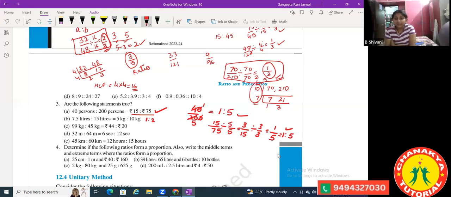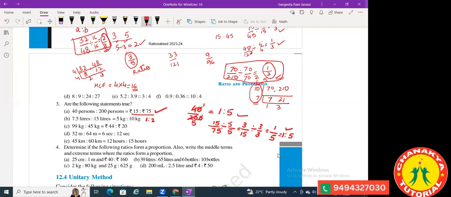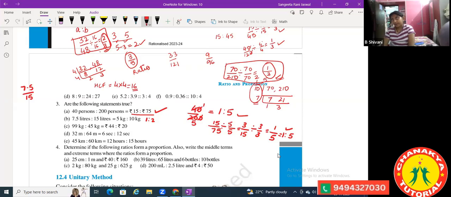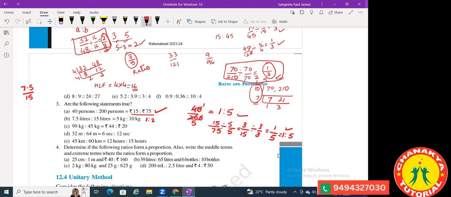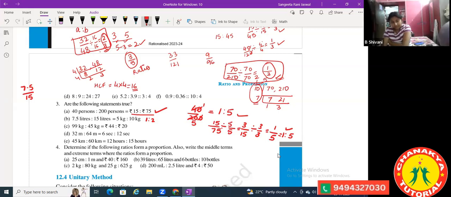No, this is 7.5 and this is 15. What is the half of 15? Half of 15 is 7.5.